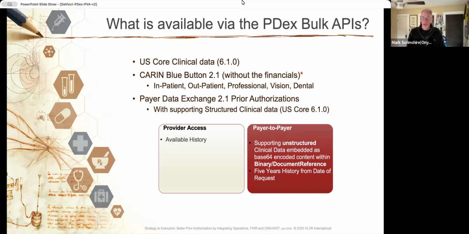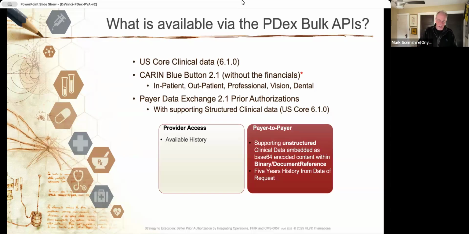And then in payer data exchange, we added prior authorization. The prior authorization is another variation of explanation of benefit, and it also has the supporting clinical data that goes into the decision. Again, you will have largely structured clinical data that was asked for in the process of prior authorization.